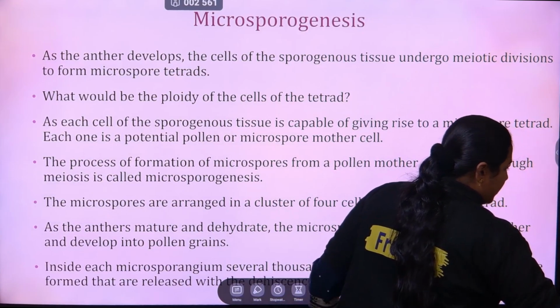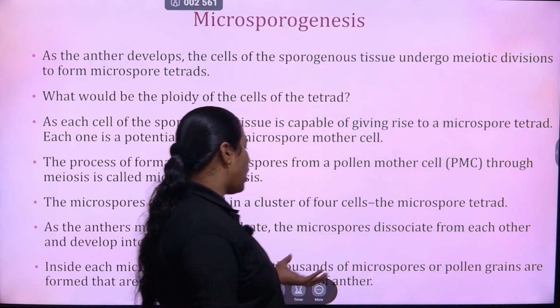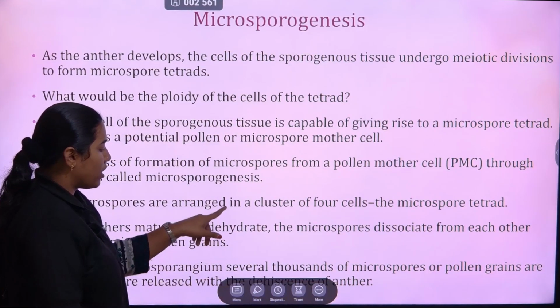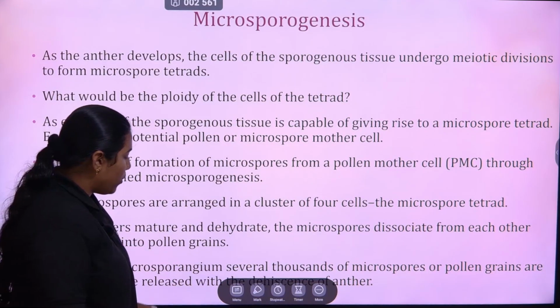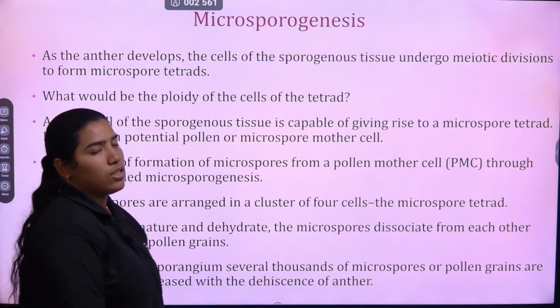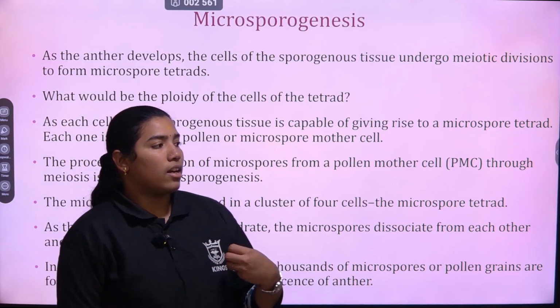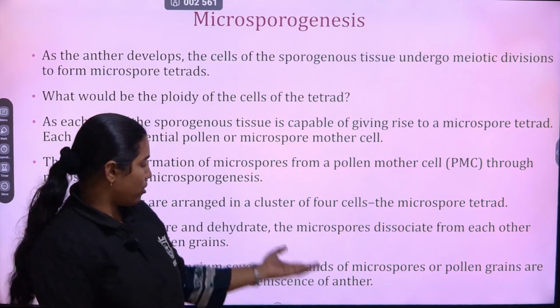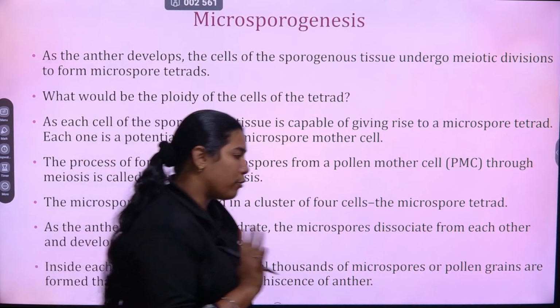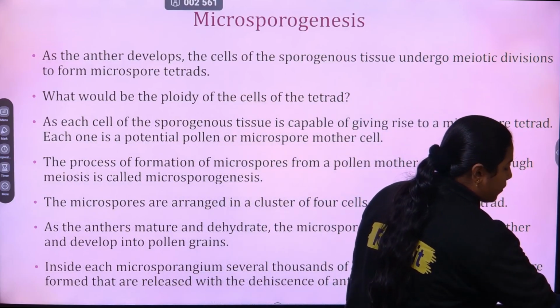Now, inside each microsporangium, we have thousands of microspores or pollen grains that are released with the dehiscence of the anther. When the anther is dehisced, what will happen? Dehiscence of anther will result in the dispersal of millions or thousands of spores, which varies according to species. It's not the same for all species.